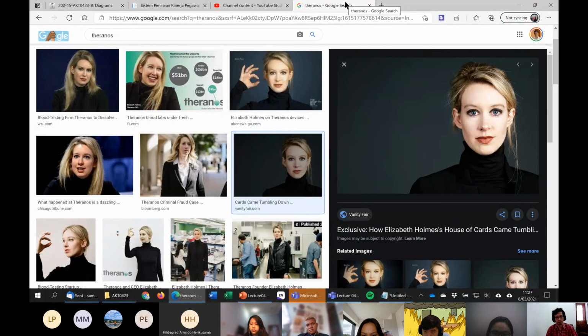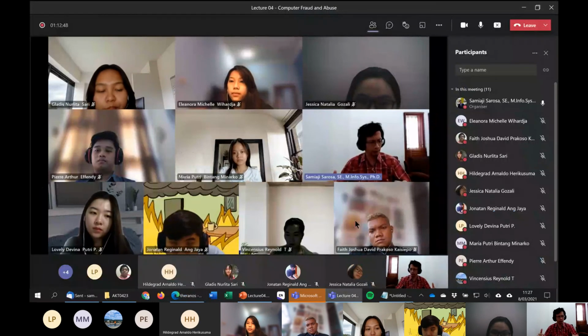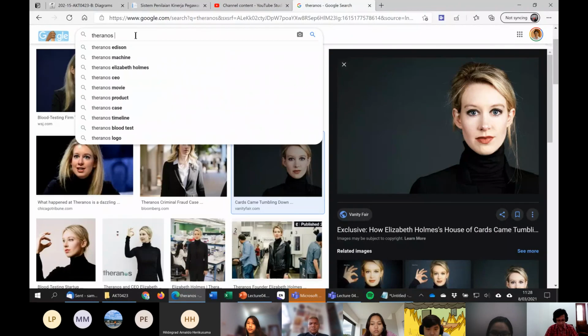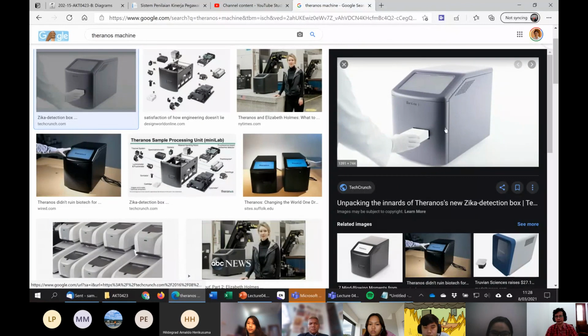Elizabeth Holmes claimed that her company, Theranos, could produce a mobile lab. So instead of going to Paramita, Prodia, or hospitals for blood tests, they can use, I think, the product of Theranos. Let me see if I can get the picture. So this is the machine, the Zika detection box.